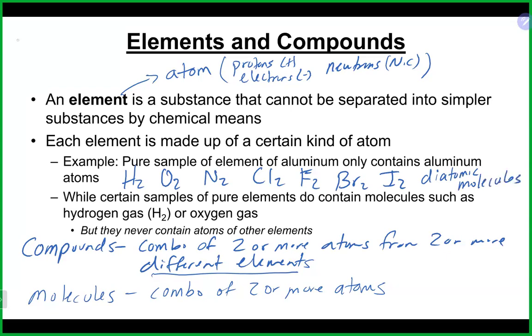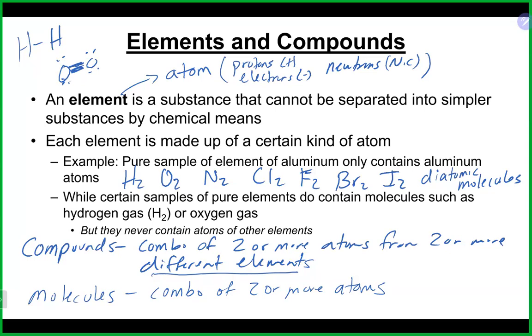So hydrogen, the way it naturally comes is as two hydrogens bound together, sharing some electrons. Oxygen, the way it naturally comes is two oxygens sharing a few electrons. And that is how it naturally comes. And by the way, most other elements up there are referred to as monoatomic, which means they come as ones, basically one atom.